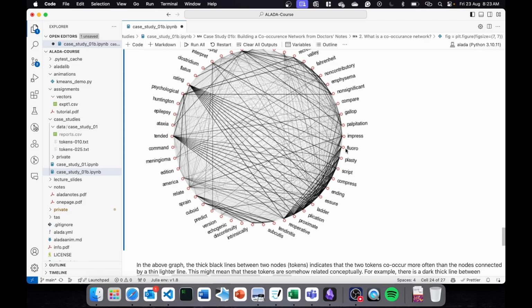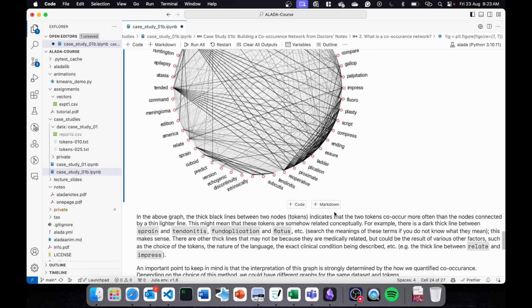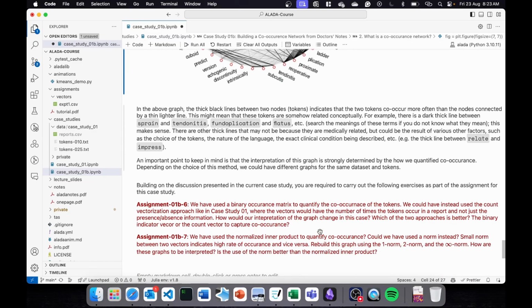For example, relate and impress. It seems very arbitrary. There is a strong line between them, and that might not have anything to do with medicine. It might just be an artifact of the English language itself. Maybe relate and impress are often used by people when they write reports. So the interpretation of this has to be done carefully. I've listed some of these issues here. You can go through them.